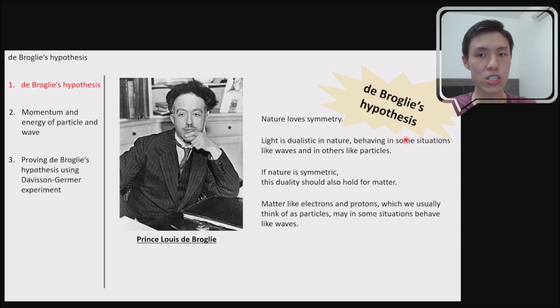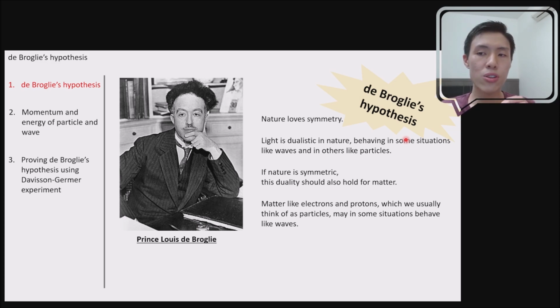This is the idea he proposed, but he didn't prove it himself. He just proposed the idea and never got it verified. It was someone else who managed to get this hypothesis verified. But now, this is the idea of Prince Louis de Broglie.